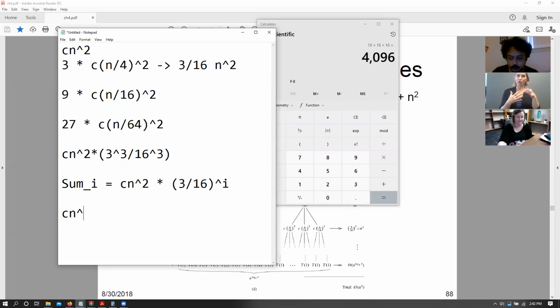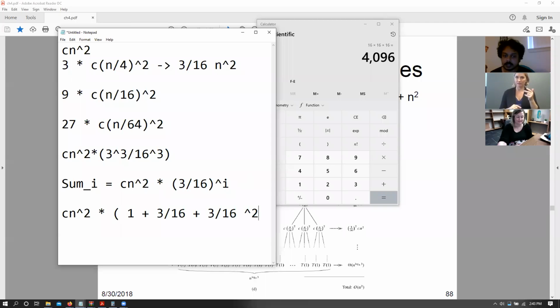So Cn squared times 1 plus 3 by 16 plus 3 by 16 squared plus 3 by 16 cubed and so on.